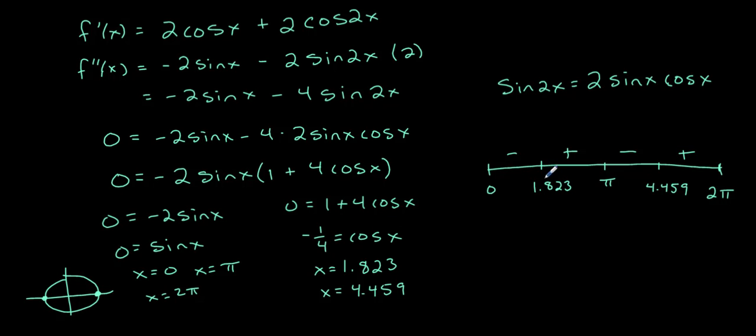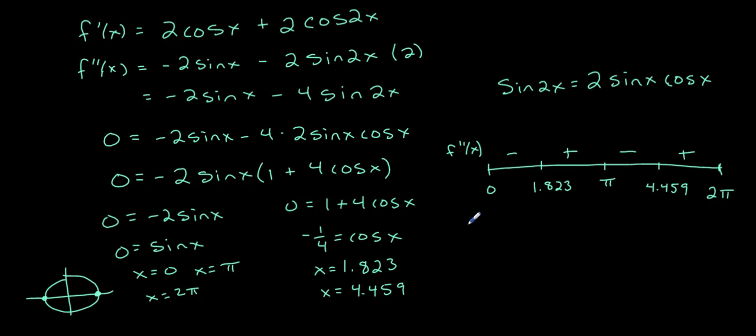Since these are possible points of inflection, where the second derivative equals 0, and we have a sign change of that second derivative, which means concavity changes, therefore these three values are points of inflection.